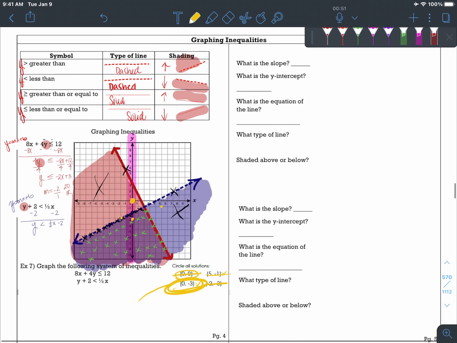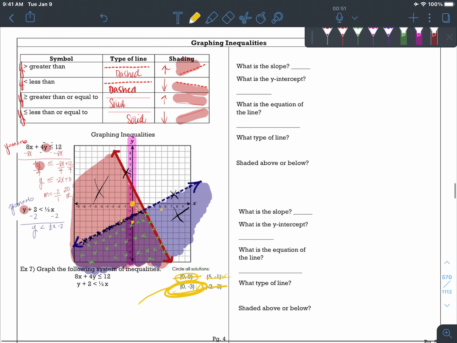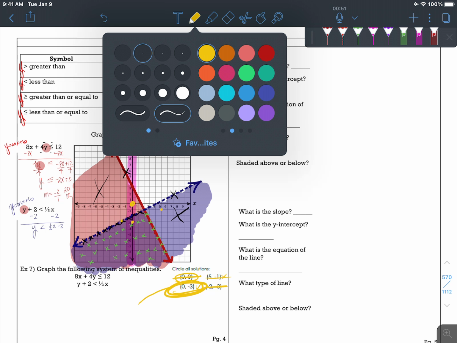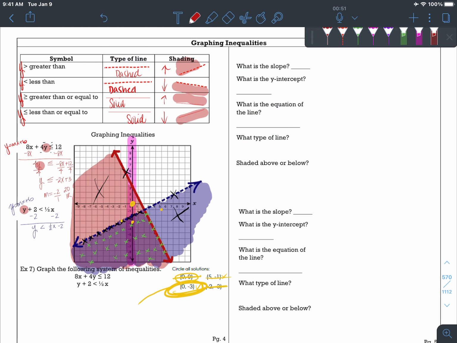So here they were asking us a couple of questions about these graphs. Let's go ahead and just fill these in just to be complete. All right. So what was the slope of my first graph? Negative 2. My y-intercept was located at 3. My equation was y is less than or equal to negative 2x plus 3. This was a solid line, and we're shading blue.